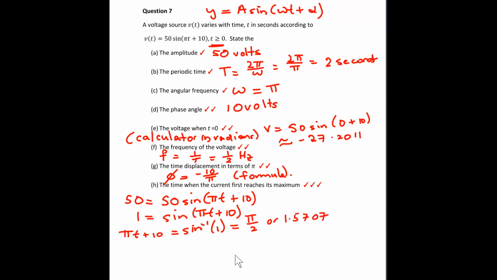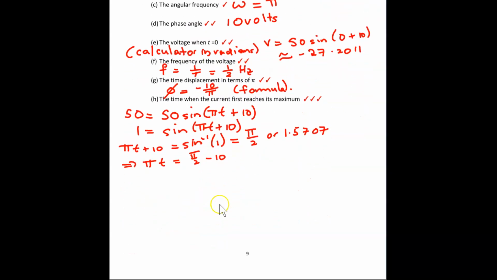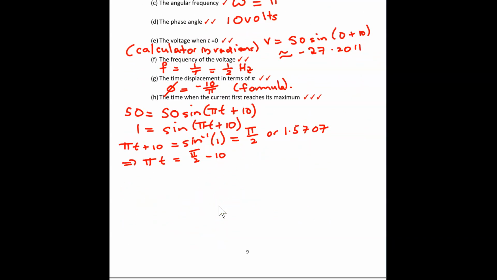Doing it as decimals means it's a little bit easier to go on from there, and then we're going to say, so pi t equals pi by 2, or that number, minus 10, and then t is going to be that divided by pi.